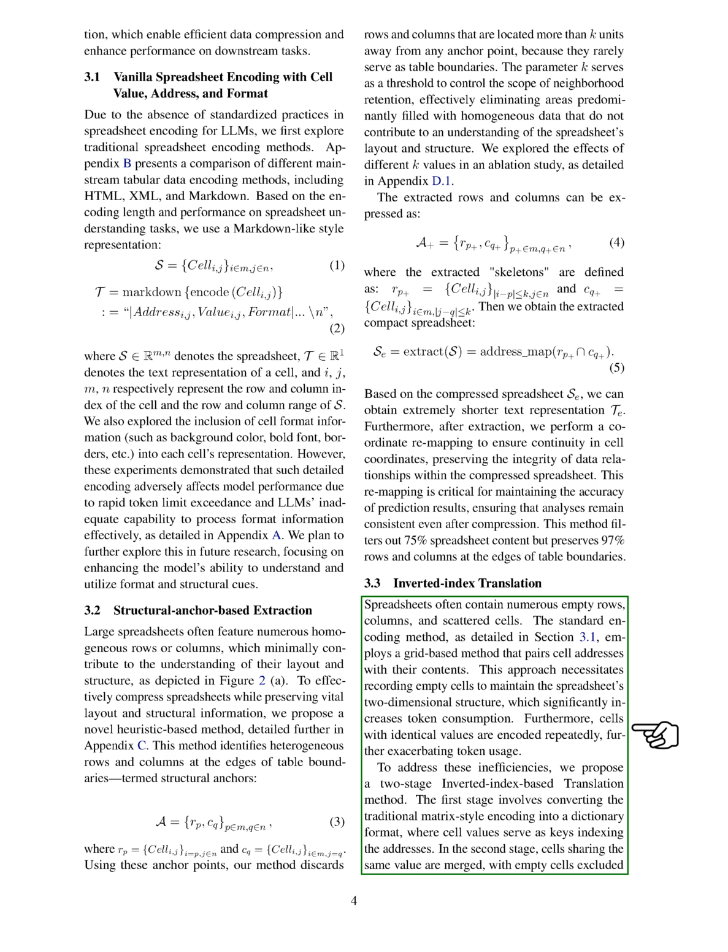To tackle these inefficiencies, we introduced a 2-stage inverted index-based translation method. In the first stage, we converted the traditional grid-based encoding into a dictionary format. Here, cell values act as keys that index the cell addresses. In the second stage, cells with the same value were merged, empty cells were excluded, and cell addresses were noted as ranges.